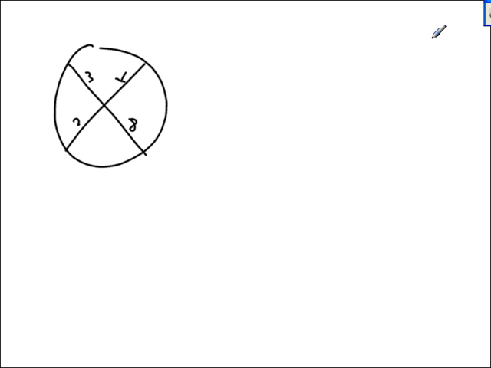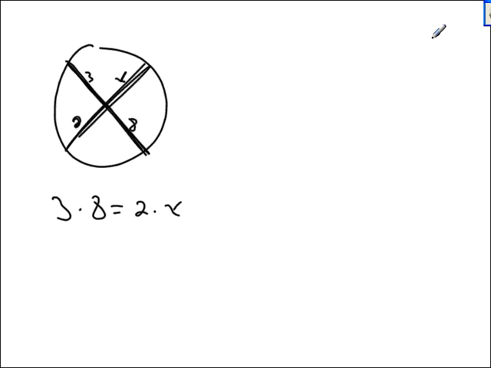Find x. Well, this chord was broken up into two pieces. One is 3, the other is 8. Equals the other chord, this long chord, is broken up into two pieces. One is 2, the other is x.